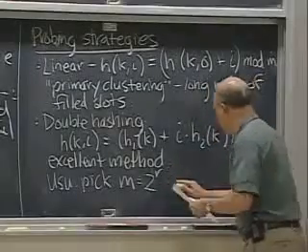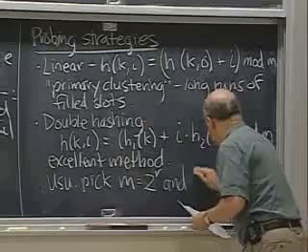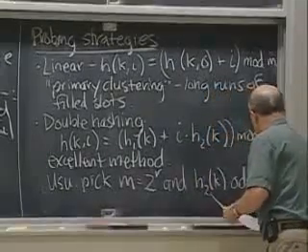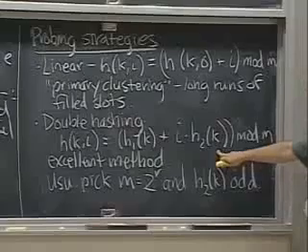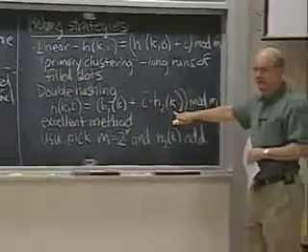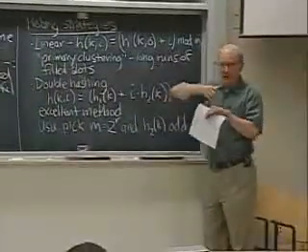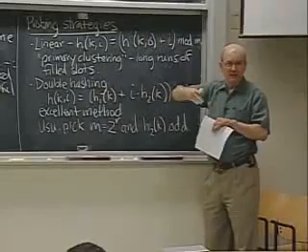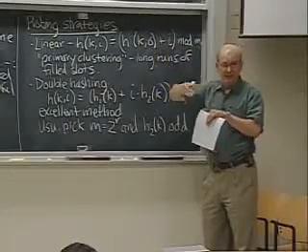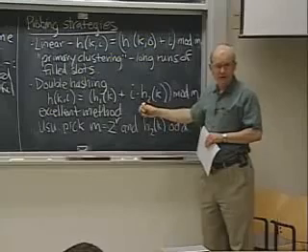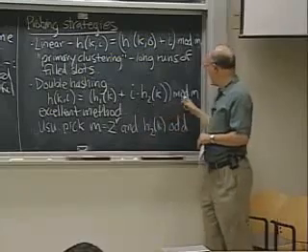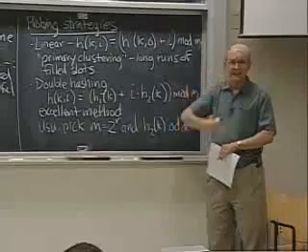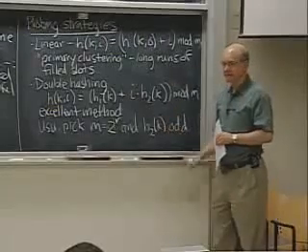So m is a power of 2, and h2 of k you force to be odd. You don't use an even value there, because otherwise you'd have the problem of skipping over slots, since everything could be even or everything could be odd as you go through. But if you make h2 of k odd and m is a power of 2, you're guaranteed to hit every slot.